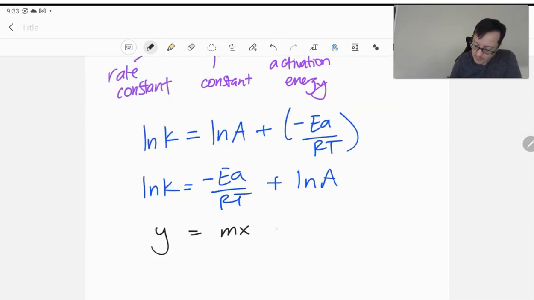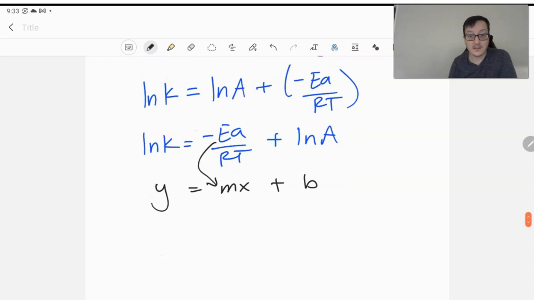And hopefully we see that we have another slope-intercept line here. The natural log of your rate constant, if we consider the activation energy to be the slope, 1 over RT is our x. Although really EA over R is going to be our slope. 1 over T will be our x.